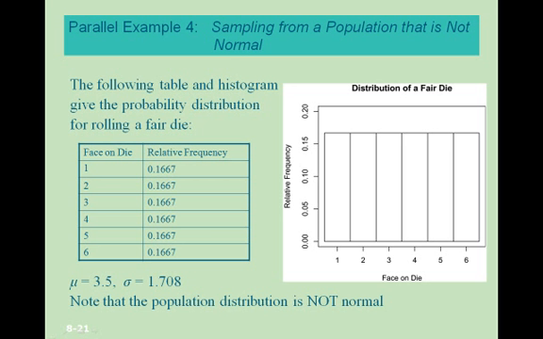We can find the mean to be 3.5 and the standard deviation to be 1.708. And here we see a graph where all the bars are the same height since they all have the same frequency. So we can tell that this population distribution is not normal.